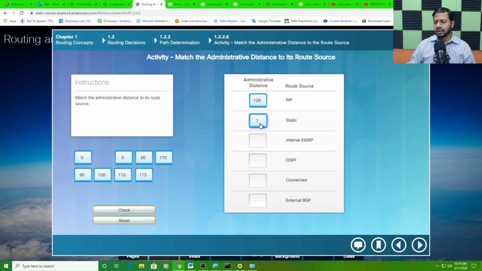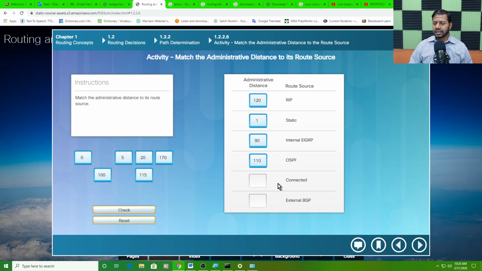Okay. Now EIGRP, that's Enhanced Interior Gateway Routing Protocol. That one would be 90. Its value is 90. It's denoted by the letter D. OSPF is written by the letter O, and 110 is its administrative distance.